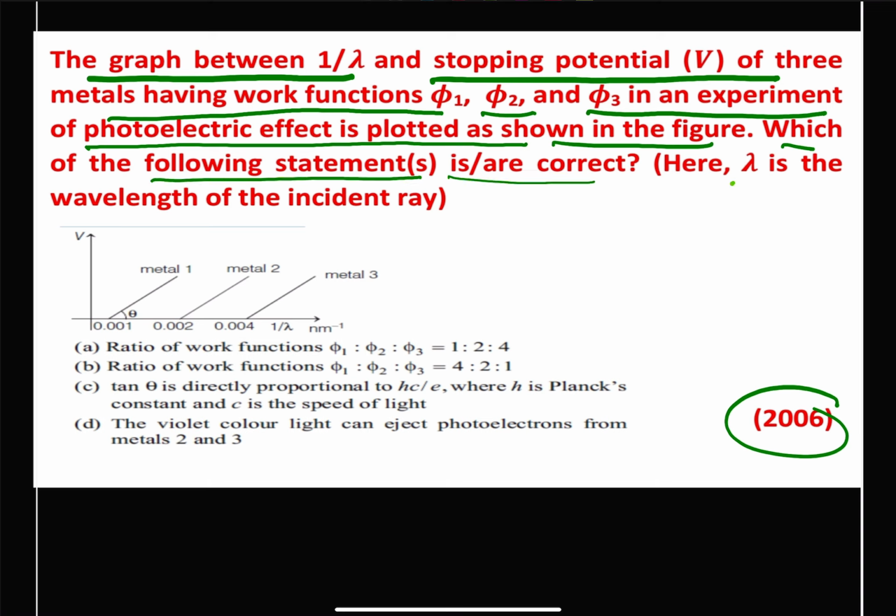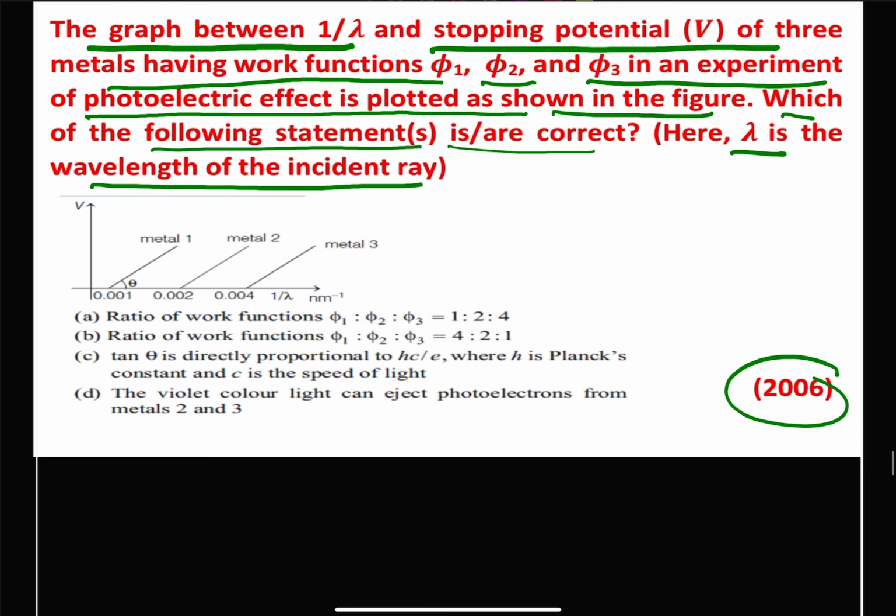Here lambda is the wavelength of the incident ray. So basically we have to find out the ratio of the work function, and then we are going to find out the slope, which is tangent of theta, and we are going to find out the wavelength, or we can say the light which is going to eject electrons from metals 2 and 3.